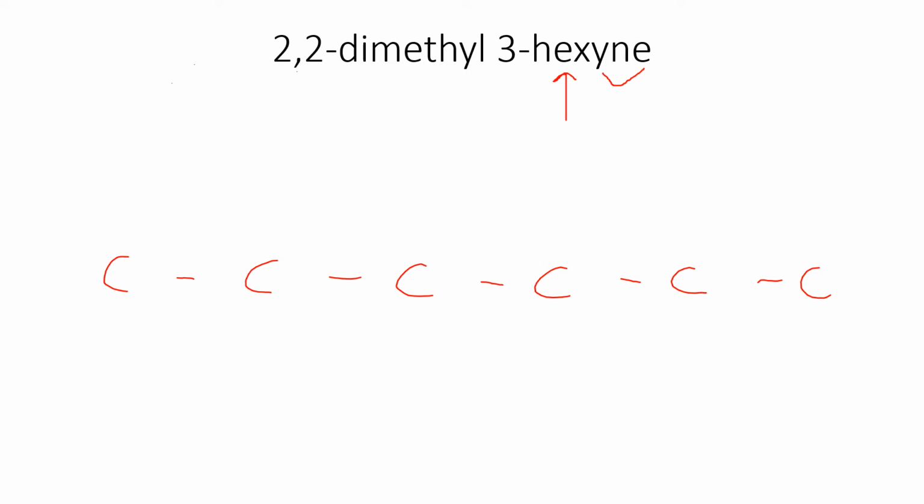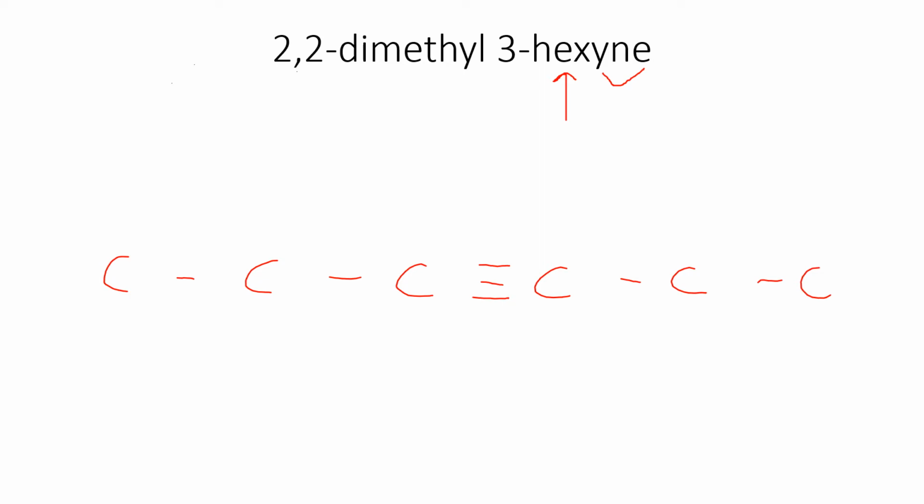So 1, 2, 3. I'm going to need a triple bond between the 3rd and the 4th carbon because it's where it starts at. The number for your alkenes and your alkynes describes where that functional group starts, not what it ends at.